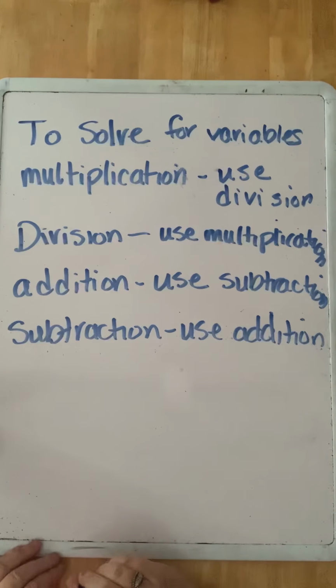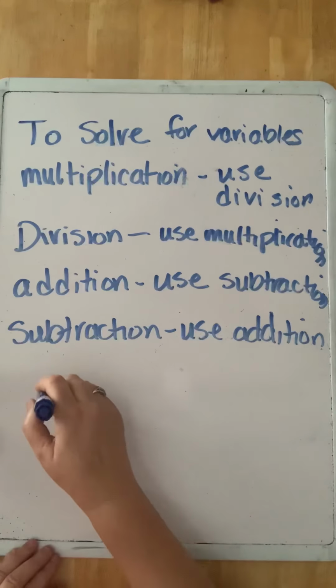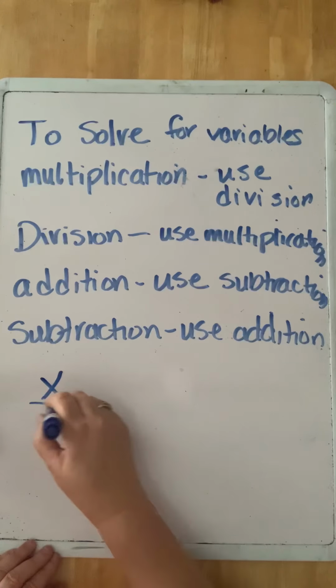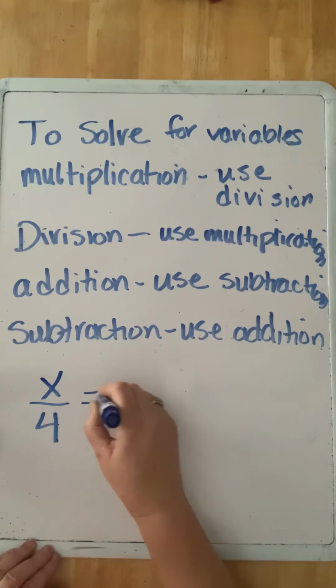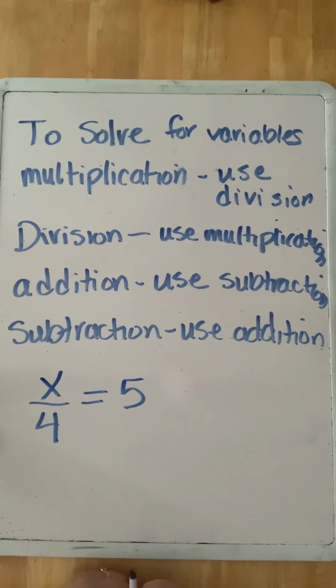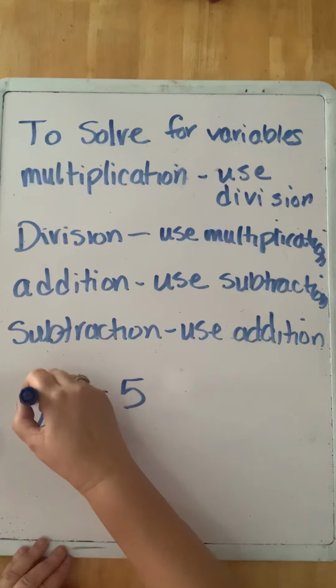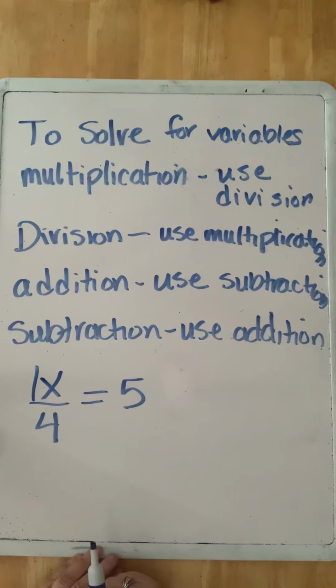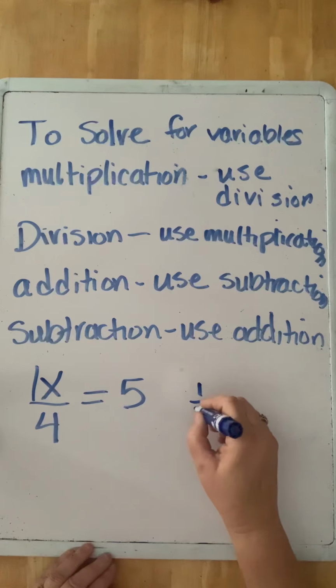Okay, and then finally division. I'm applying the same principle as I did to multiplication. I want to use the identity property of multiplication. So I have x divided by 4 equals 5. This is a division because this tells me it's division. It's also the same thing as 1/4 x. So this could be written like this as well.